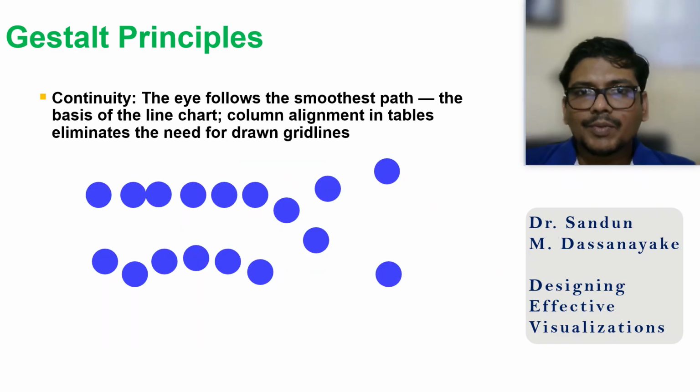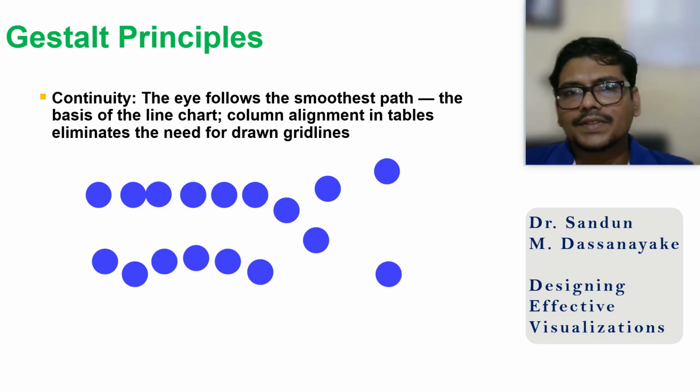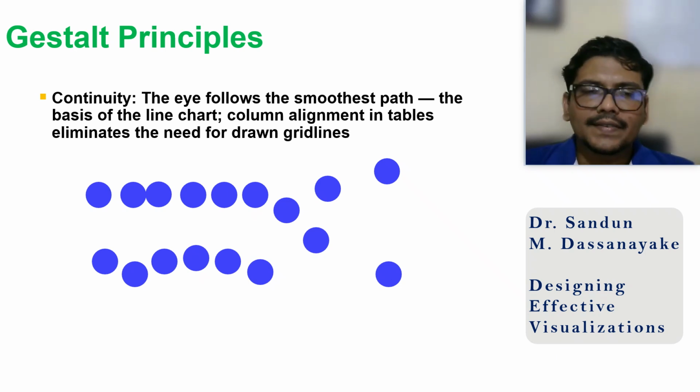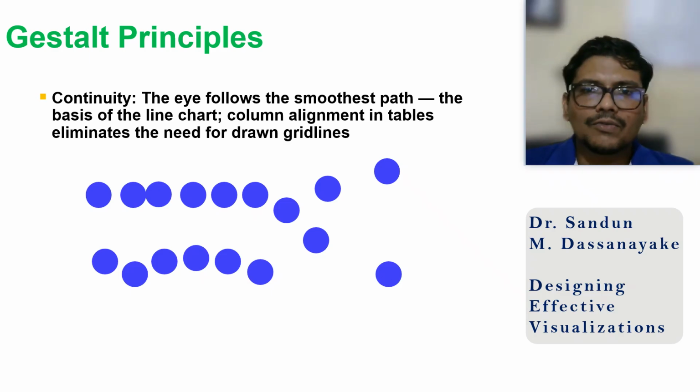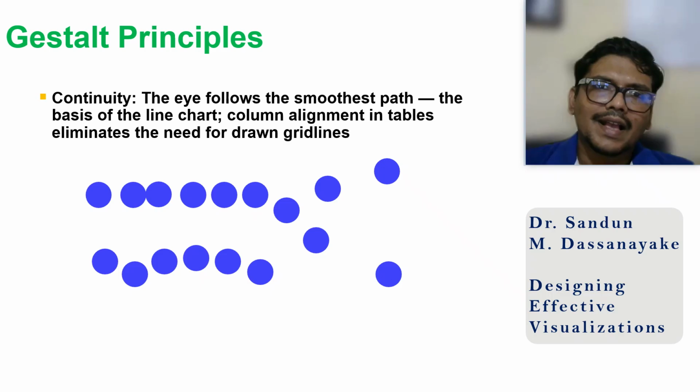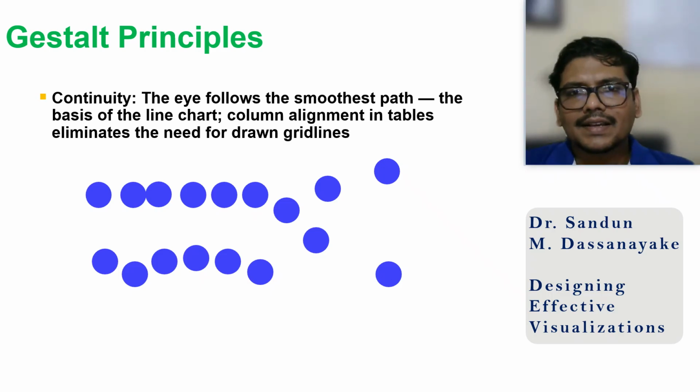The next point is continuity. The eye naturally follows the smoothest, most continuous path through a set of points, which is the entire perceptual basis for why a line chart reads as a trend rather than a scatter of unrelated dots. The same principle explains aligned table columns.